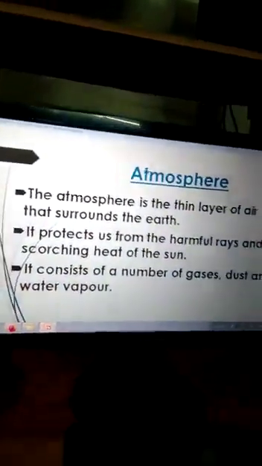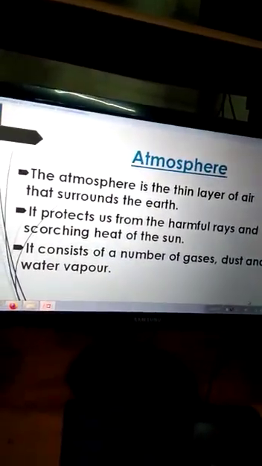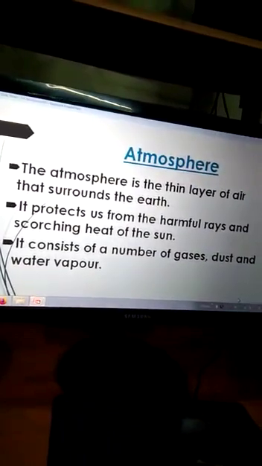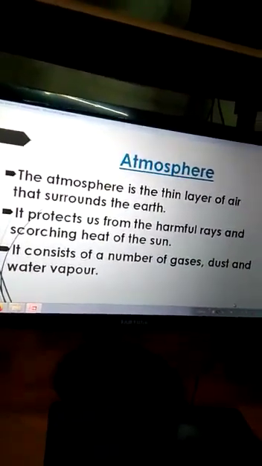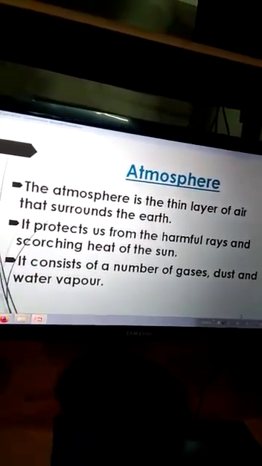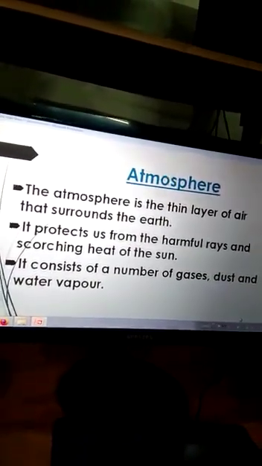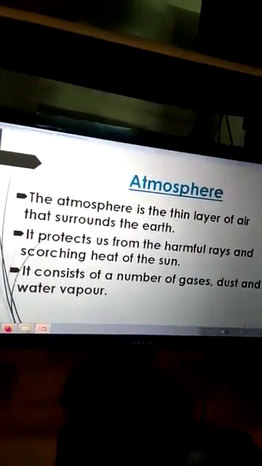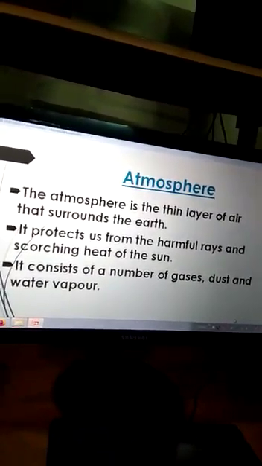The third sphere is the atmosphere. The atmosphere is the thin layer of air that surrounds the Earth, and it is very important. Its most important significance is that it protects us from the harmful rays of the sun. It doesn't allow the harmful ultraviolet rays of the sun to enter the Earth.